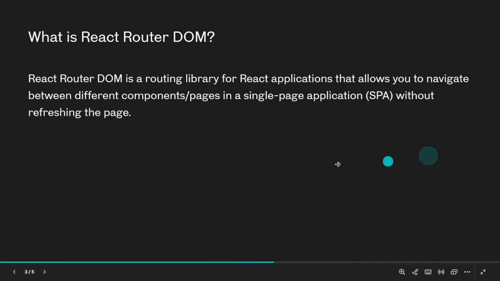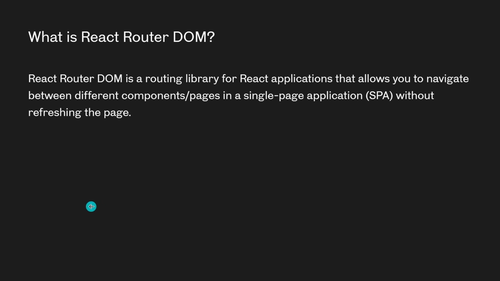So let's begin with the basics. First, what is React Router DOM? It is a routing library specifically made for React, which allows you to build single page applications that feel like multi-page apps. In a typical website, clicking a link causes the whole page to reload. That's traditional routing.